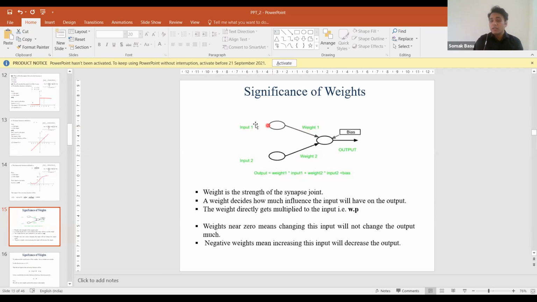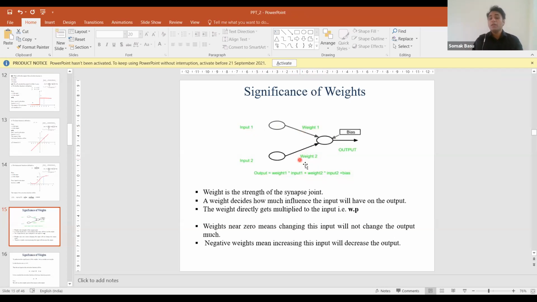See, the input gets multiplied by the weight. The input is P, the weight is W. You multiply P into W. So the weight is nothing but the importance or the significance of the input. If the input is very important, it is very significant, then the value of weight will be more. If the input is not that significant, the weight would be less. Let us assume the weight is nearly zero.